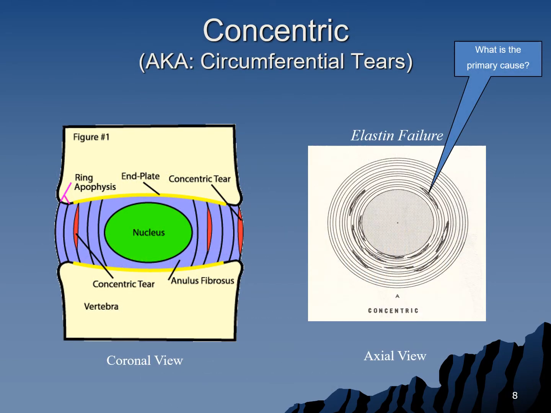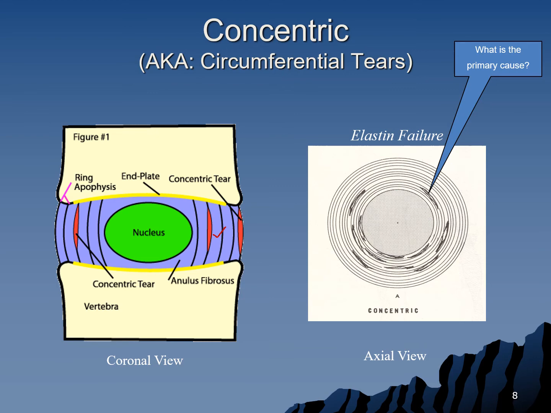Okay, so here are some examples. Let's start with concentric or circumferential. All right, so we can see in the coronal view, these red areas here, that's a breach in the elastin that has allowed two annular rings to separate.